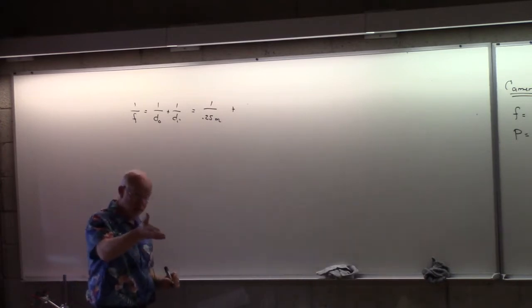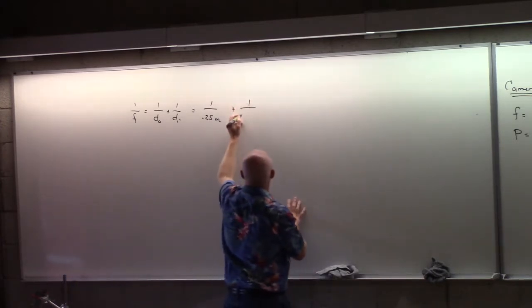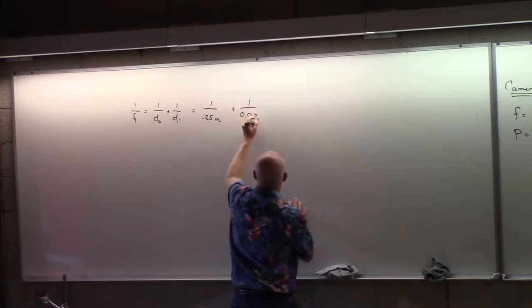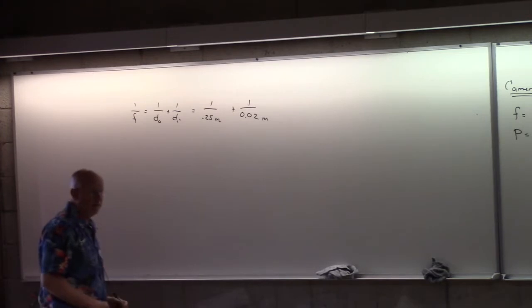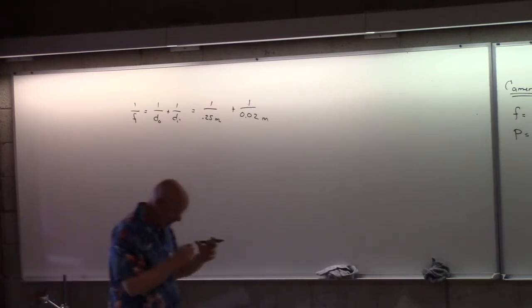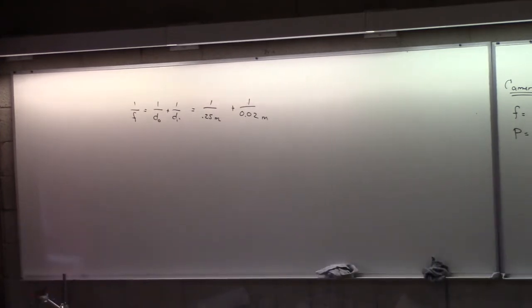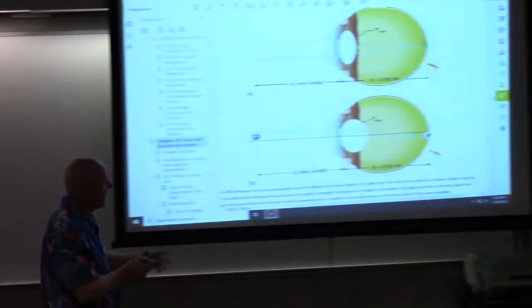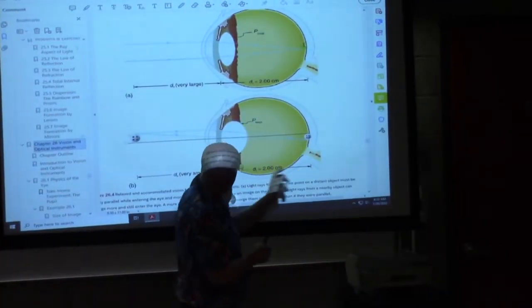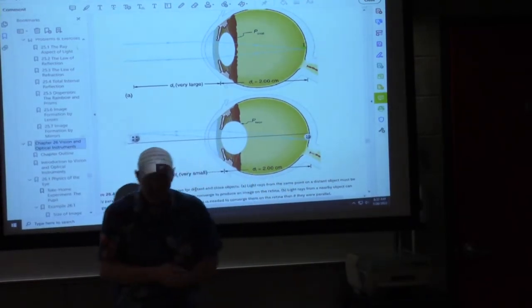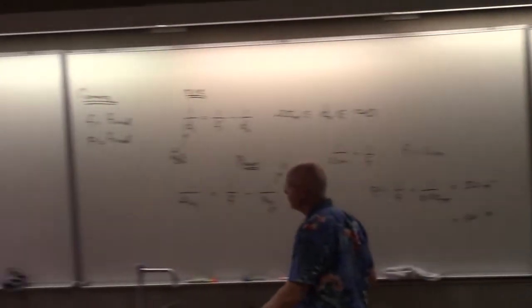Now remember, for the human eye, the image distance always needs to be the 2 centimeters, which I will write in terms of meters. And so I need my muscles to squish my lens to make more curvature, to lower the focal length or increase the power in order to bring this into focus. And there it is. My image distance needs to be 2 centimeters.